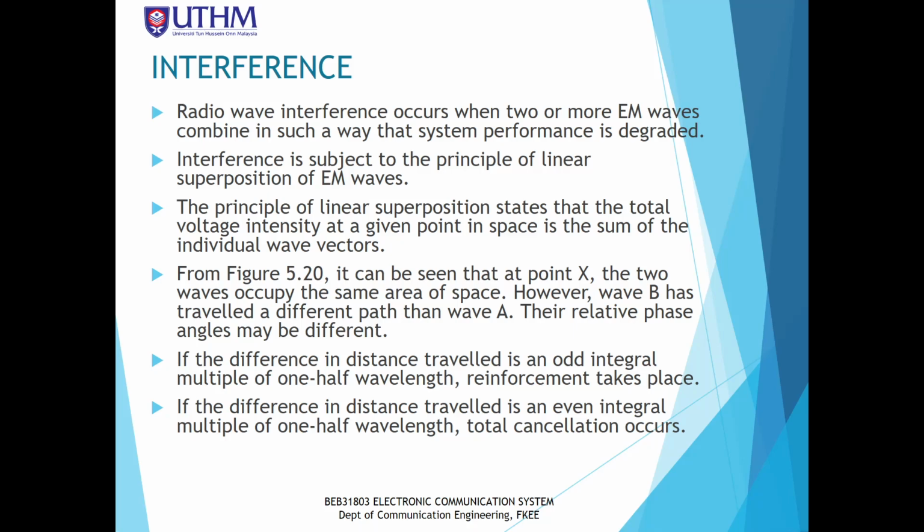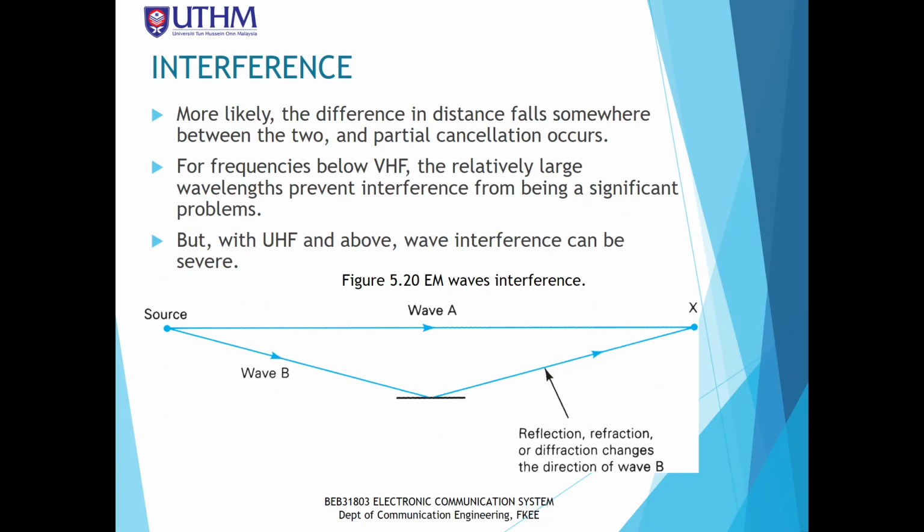That's why in a communication system, we divide each channel into a different set of frequencies. Setiap channel yang kosong itu dia mempunyai frekuensi yang berbeza-beza. So we can use any available frequencies. We try to avoid the same frequency. Kita cuba untuk mengelakkan transmit pada frekuensi yang sama. Otherwise there is interference.